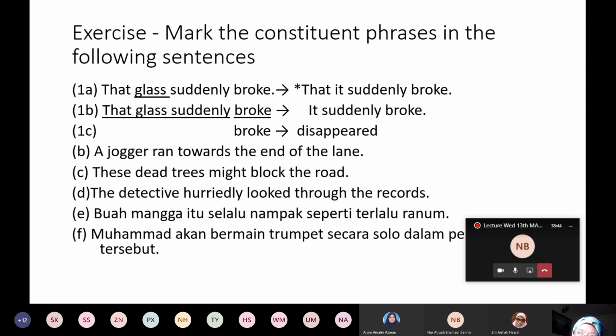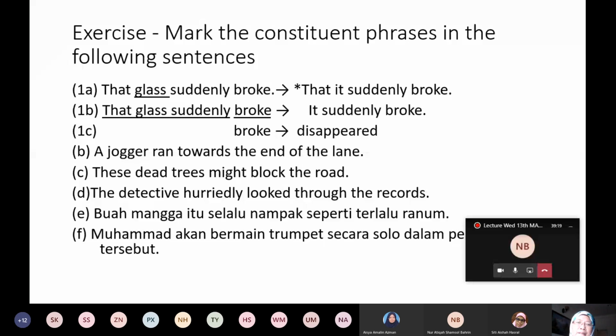So we have a very complex structure where there is a big constituent, and in that big constituent, in this case, there are three other constituents in the prepositional phrase. So towards the end of the lane is the prepositional phrase, and it is a complex one because it has the inner constituent of towards, and then the end. Towards is the preposition, the end is the noun phrase, off the lane is the preposition.